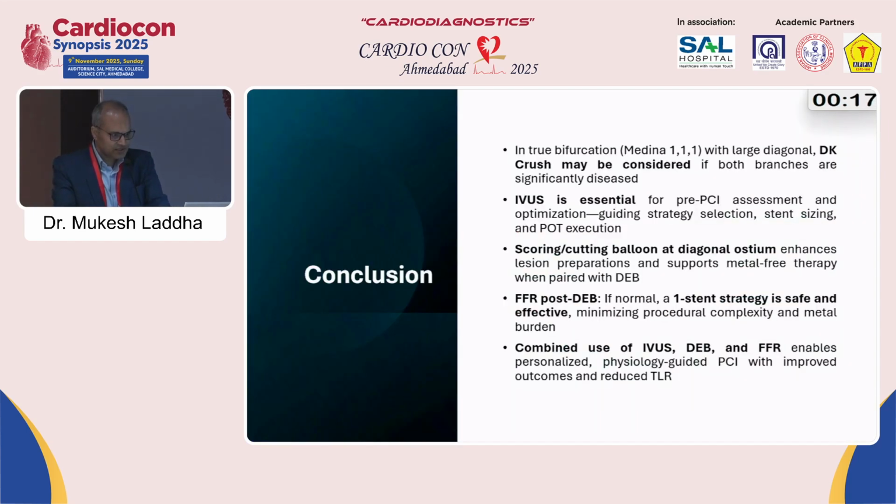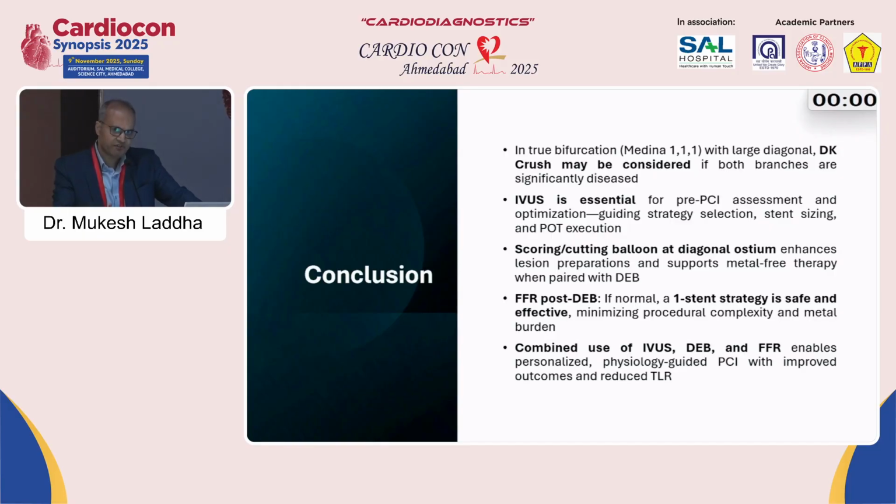So in true bifurcation, like Medina 111 with a large diagonal, DK crush has shown some advantage over other bifurcation techniques, and IVUS is essential for pre-PCI assessment and optimization, guiding strategy selection like one stent versus two stents, sizing and port execution, and scoring and cutting balloon at the diagonal ostium.